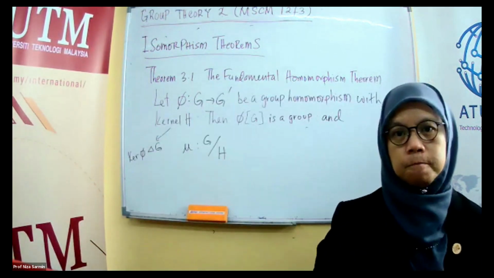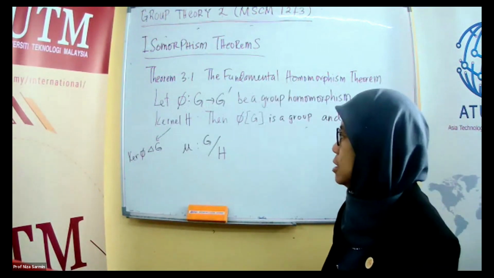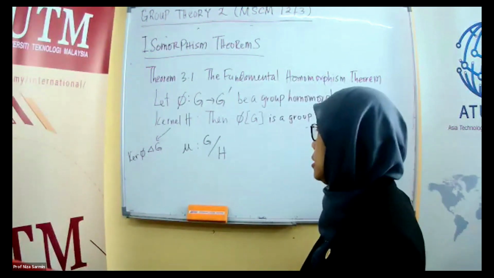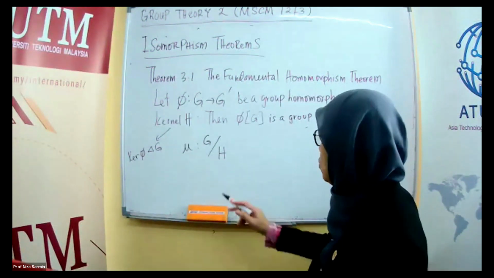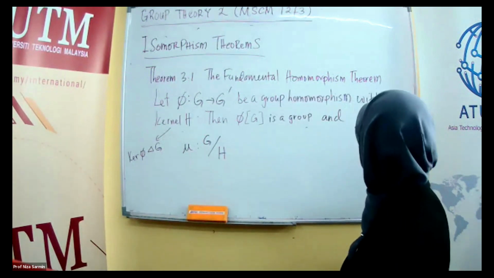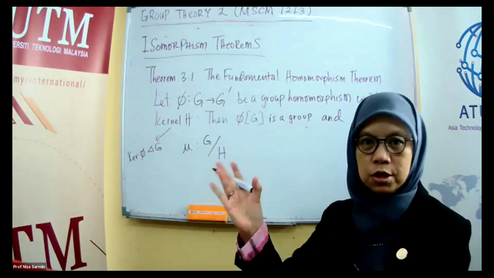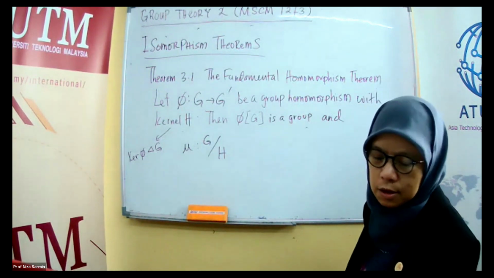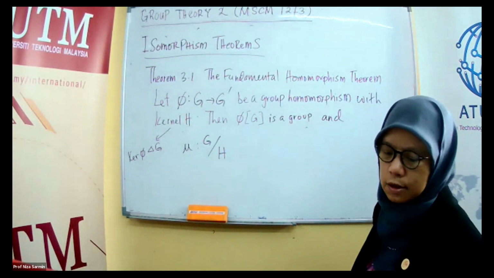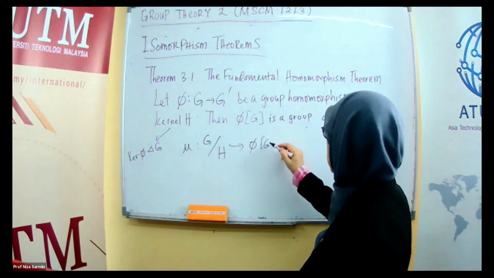The kernel is always normal in the group. The kernel is a subgroup, and it's always normal, so we can take the kernel, we call it H. You take the group G, you take out the kernel, right? So we have this mapping mu.